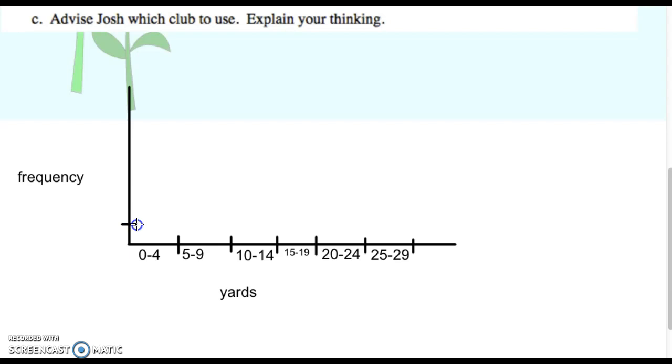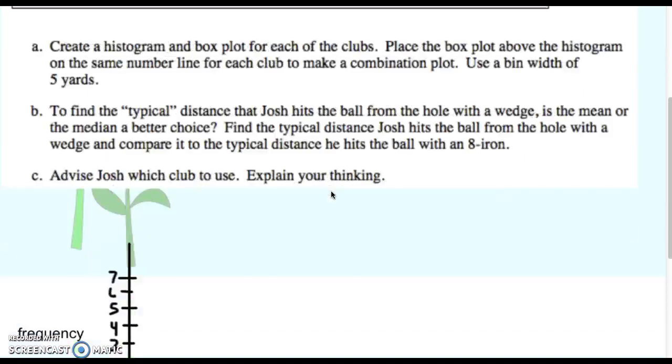So on our frequency, you go up by 1, so that's how many are in each column. So then this would be 1, 2, 3, 4, 5, 6, and 7. Alright, and this one we'll do as the wedge.